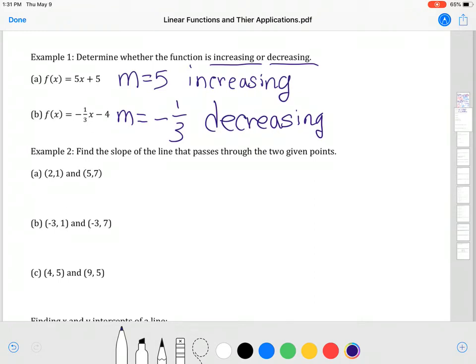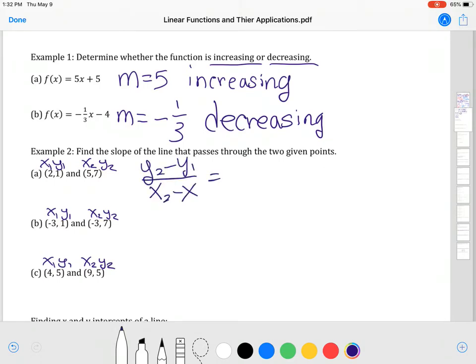Now, in example 2, we're going to practice finding the slope of the line given 2 points. So I'm going to call the first point x1, y1, and the second point x2, y2. And I'm going to do that for all of these. Okay, so to find the slope, we're going to take the change in y over the change in x. So I want to take my y2 minus my y1.